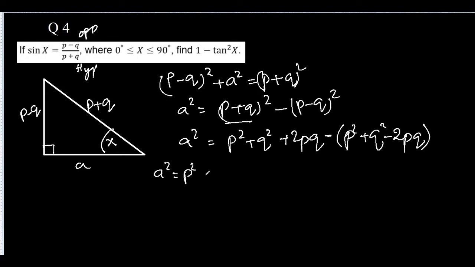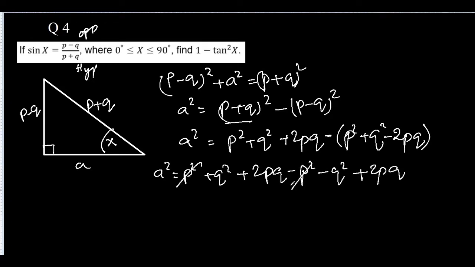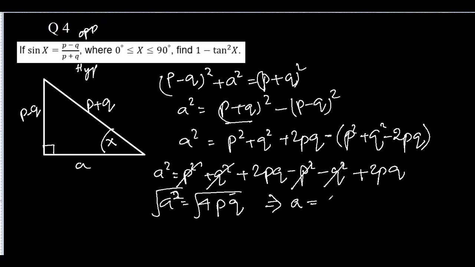So P square cancels with minus P square, Q square with minus Q square, A square is 4PQ, and if we square root both sides, it becomes A equal to 2 square root PQ.